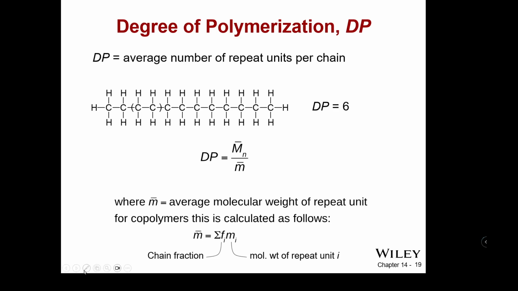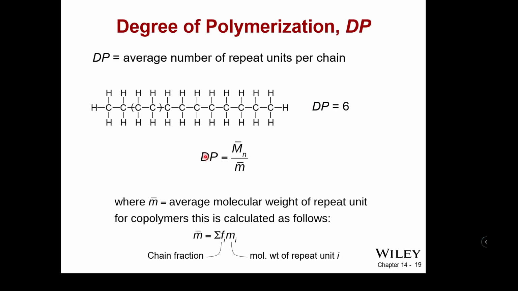Why do we have a degree of polymerization of 6? My pen has gone away. That's frustrating. So 1, 2, 3, 4, 5, 6. Degree of polymerization is 6.